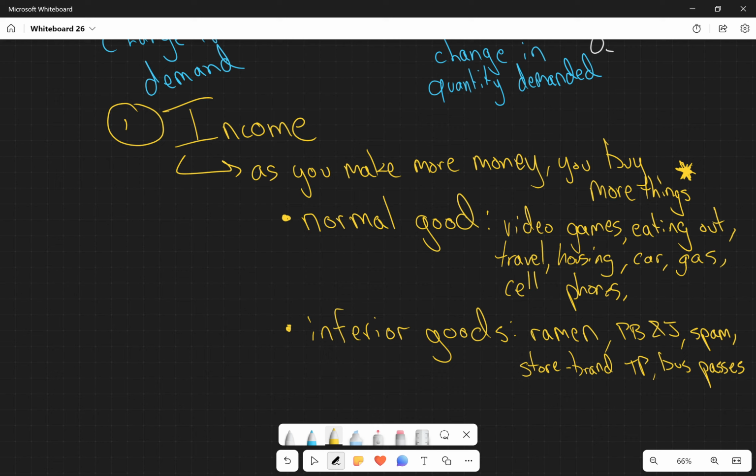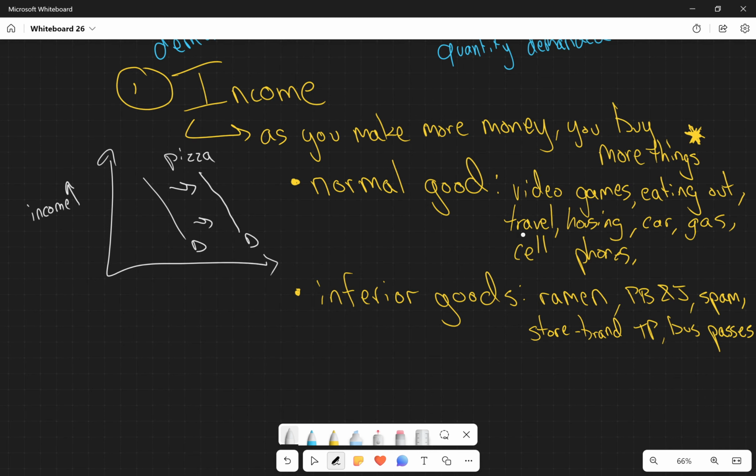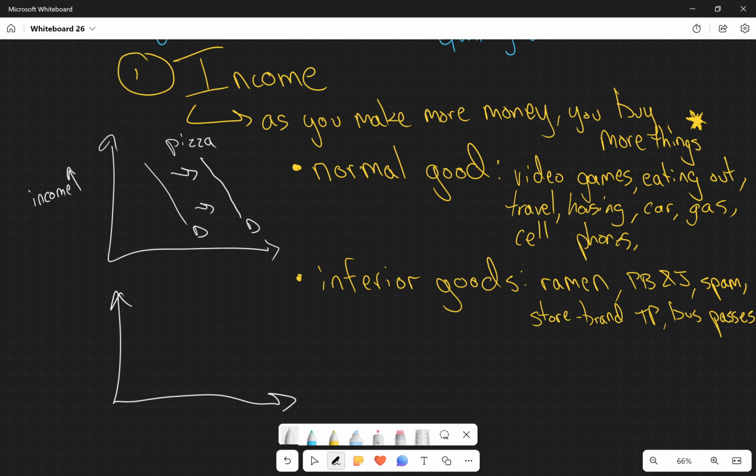So real quick, just so we have some graphs here, let's say the good is pizza, and the income increases. That's going to shift my demand for pizza to the right. An inferior good. Can somebody think of another inferior good that I didn't mention here?